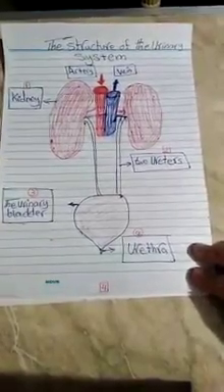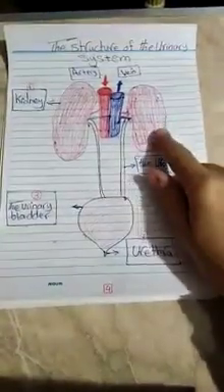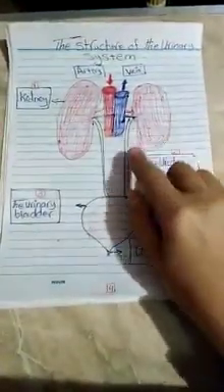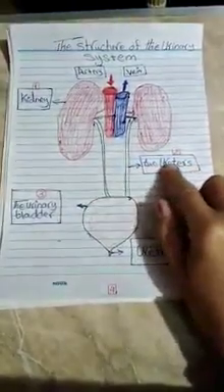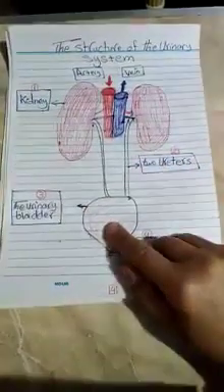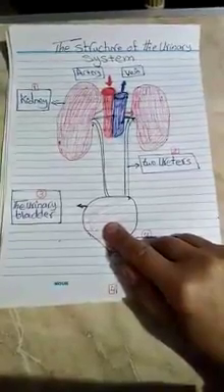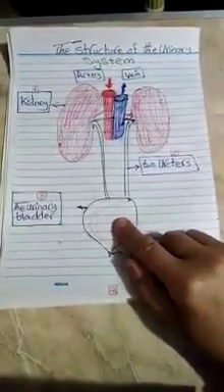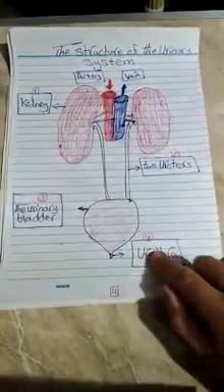As you see, here are the two kidneys. These are two ureters, the urinary bladder, and the urethra.